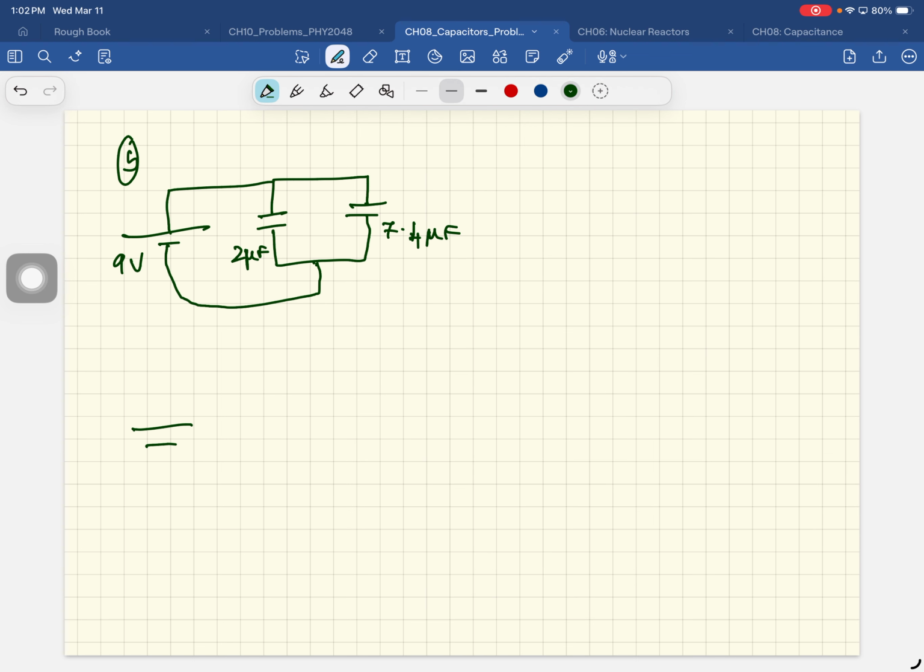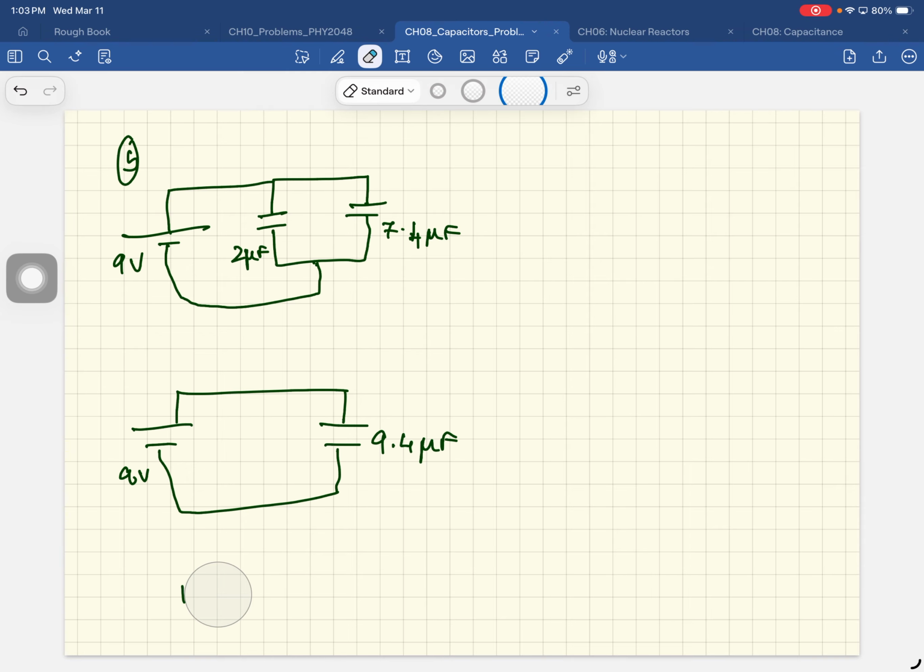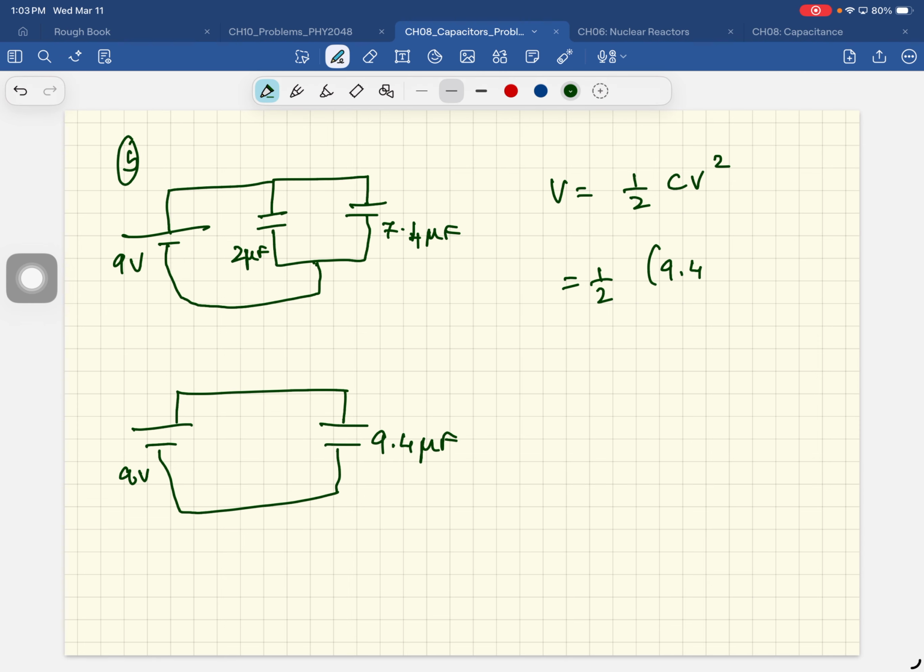Okay, in a parallel combination, now the equivalent capacitance is just the sum of the two. And the energy stored is 1/2 times 9.4 times 10 to the minus 6 times 9 volts squared.